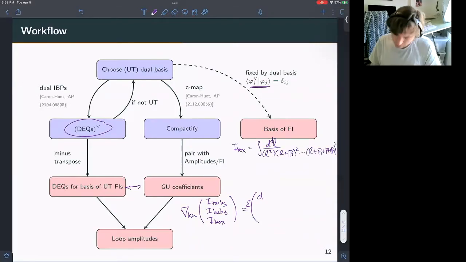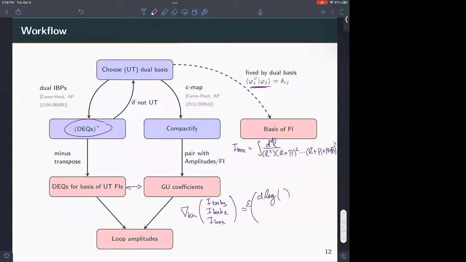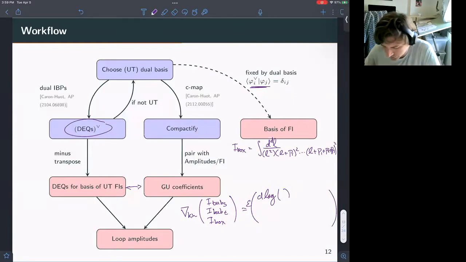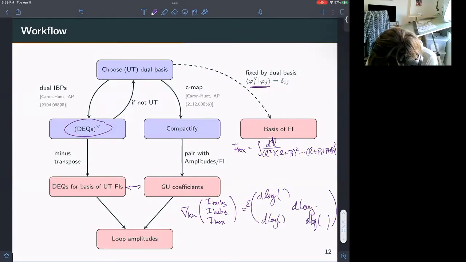It's getting a little squished. So it's four propagators: L squared, L plus P1 squared, L plus P1 plus P2 squared, and so on. Are these Euclidean or Lorentzian? This will be all Euclidean. I've done a Wick rotation already. The structure is going to look like this, roughly, and there's going to be S's and T's. I just don't remember if it's S over T, T over S, or.